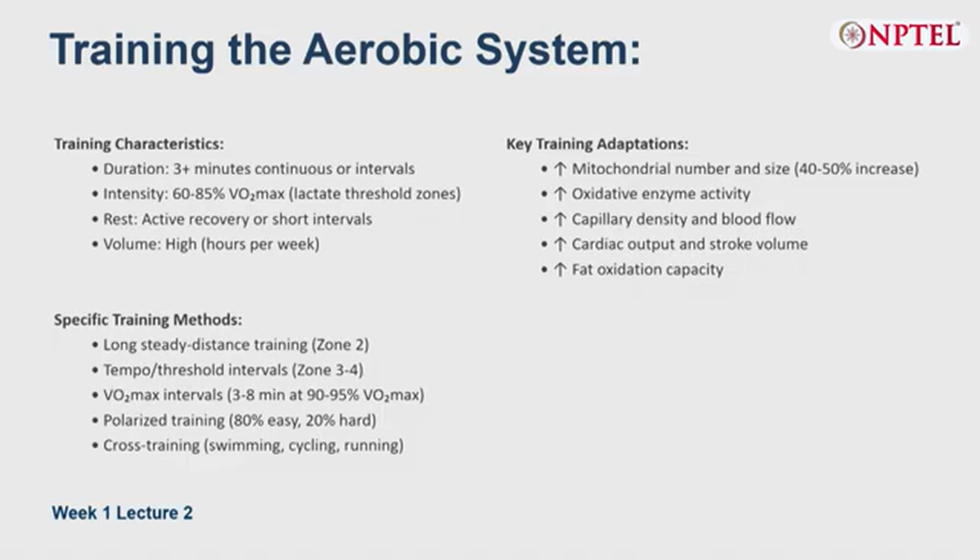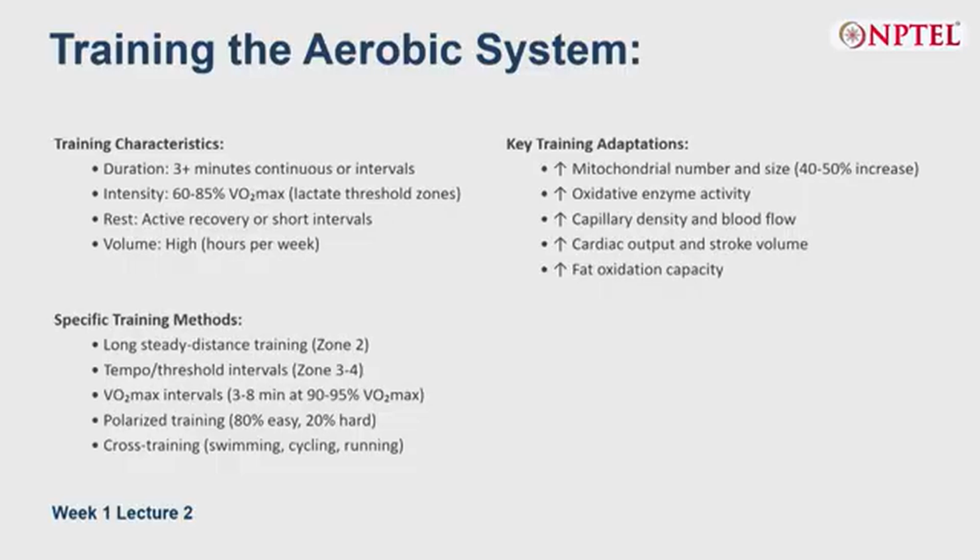Training the aerobic system: duration is more than 3 minutes. It is continuous and interval training, intensity 60 to 85% of VO2 max, below the lactate threshold. The rest is active recovery and short intervals.